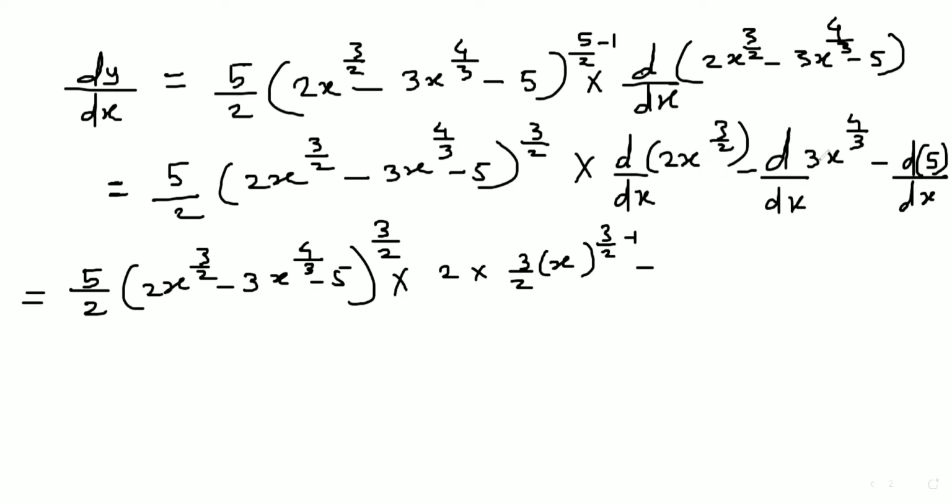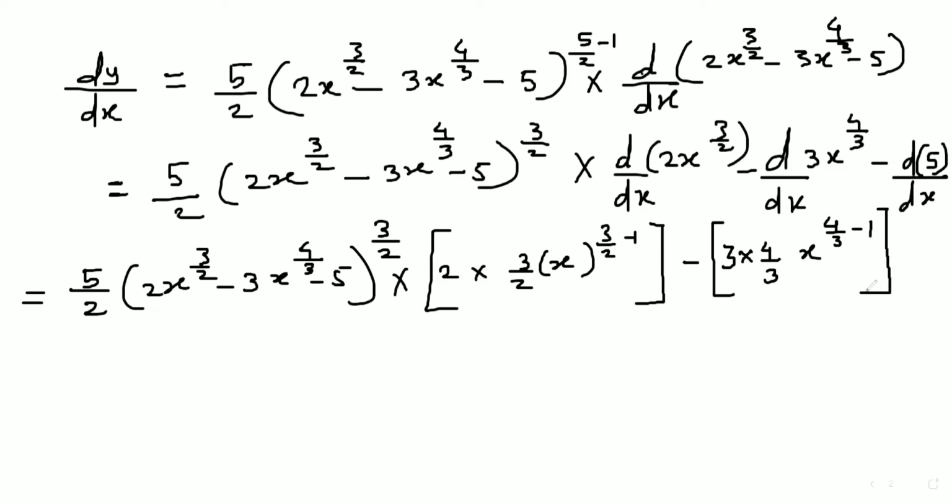Minus, 3 is a constant. This is the whole first term. Minus, I will write here the derivative of 3x raised to 4 by 3. As 3 is constant, we will write it as it is, and then 4 by 3 is at the position of n. So let's write 4 by 3 into x raised to 4 upon 3 minus 1.